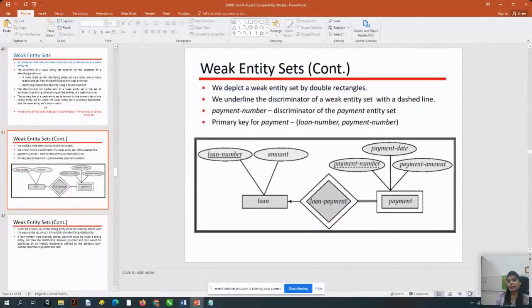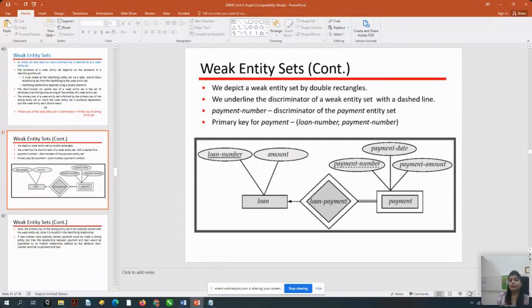Let's see through an example. We depict a weak entity set. First of all, how do we represent them in ER diagrams? This is represented by the double rectangle. You remember initially we used a double ellipse to represent the multi-valued attribute.